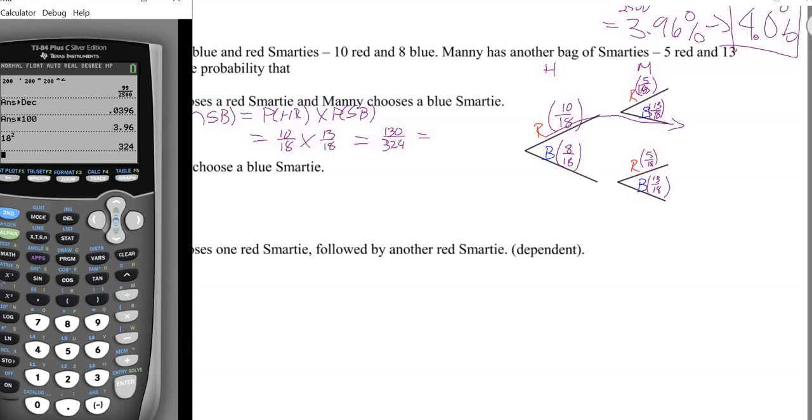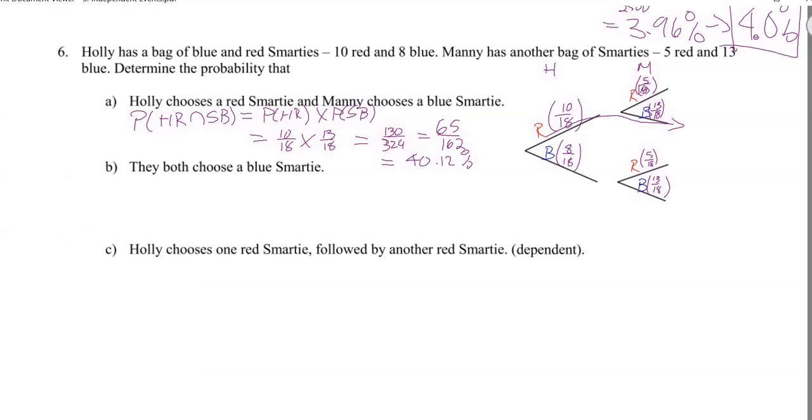As a reduced fraction, because probability is often thought of as a fraction, let's insert the divide. So that's 0.4, blah, blah, blah, enter, is 65 out of 162, is 40.12%, 40.1%, or whatever.